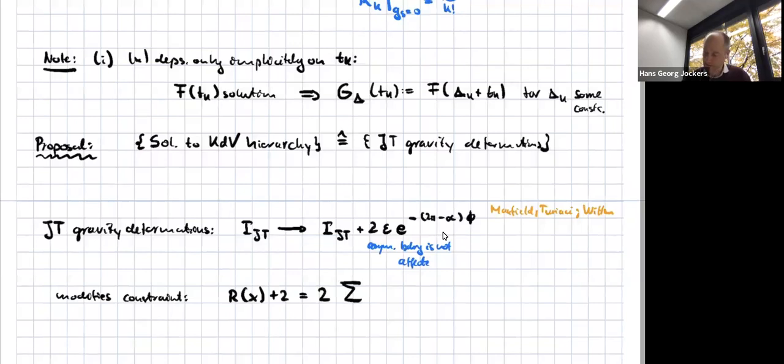You have a finite number of points where you have actually delta-function-like curvature singularities. And this is also something that has been discussed in these papers, but in particular, this interpretation has been pointed out by Mertens.